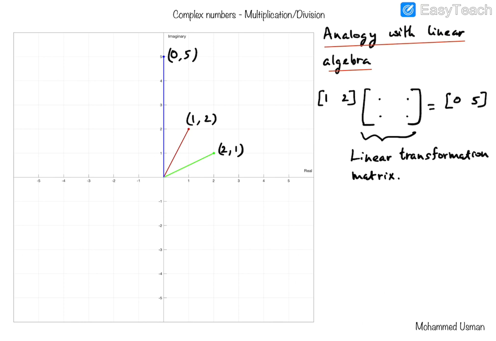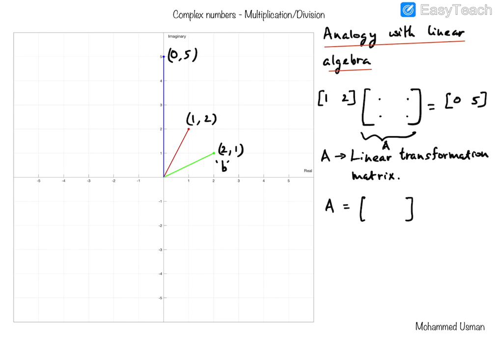And what we see is that the rows of this matrix, if I can call this a matrix, let's call it matrix A. Okay, this is the matrix A, the linear transformation matrix. This matrix has the form A equals, and I'll call this the complex number B.